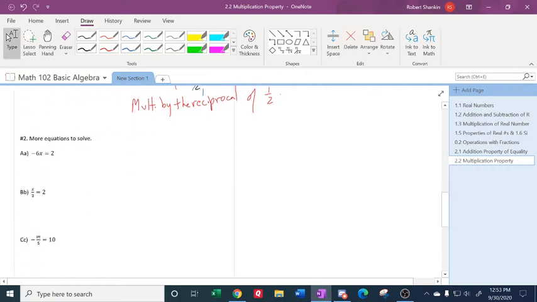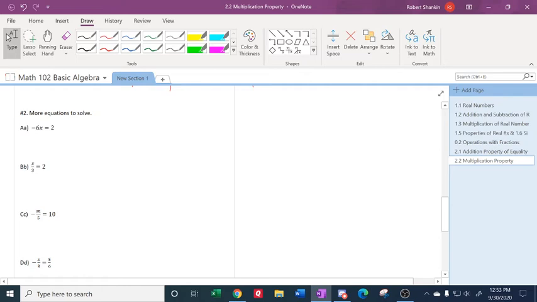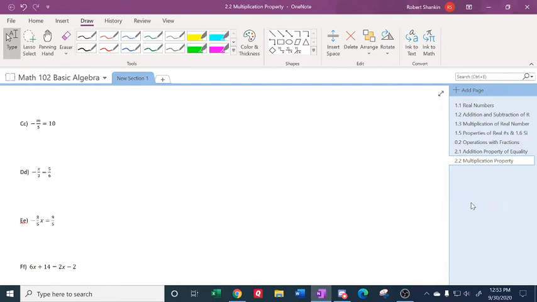All right, and we are getting close to being out of time, so here are some other ones to practice. I'm going to go kind of quick on these, and in fact, I'm going to skip down to C. Let's start with C. They're a little bit different type. Let me give you a minute to work on C on your own.